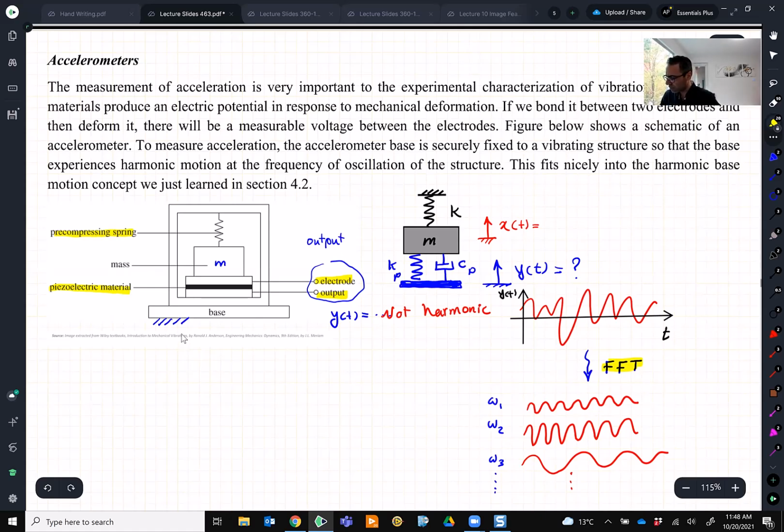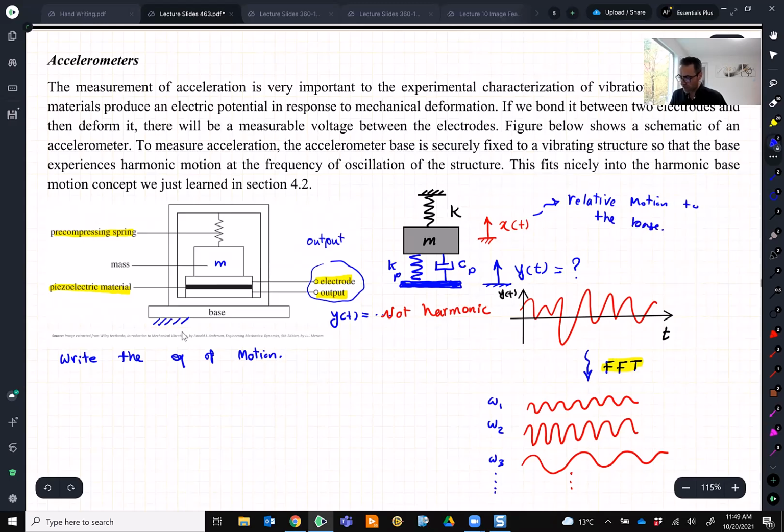And I want you to do something as practice: write the equation of motion. But this time, consider this x(t) to be the relative motion, relative to the base.